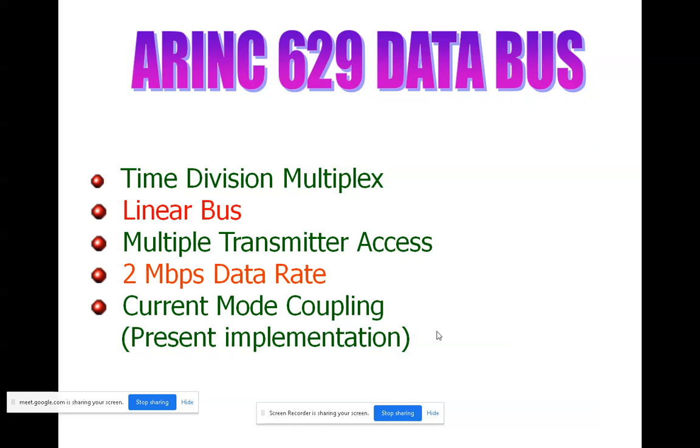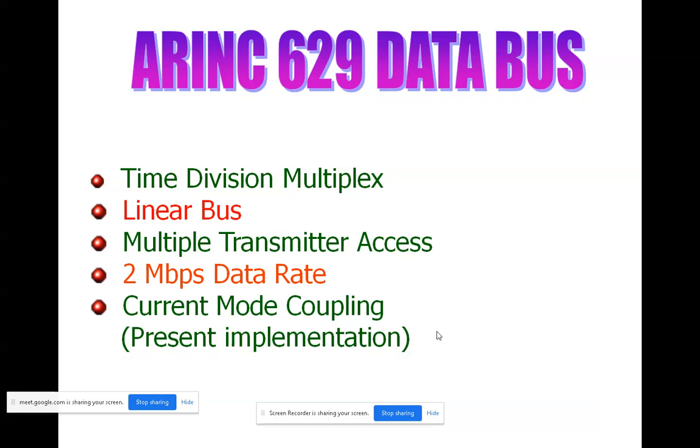So these are the features of the ARINC 629 data bus. Time division multiplex is used for ARINC 629. Time division multiplex means based on timing; time allotment is provided here. In the military standard you use code division, but here you are going to use time division, that means allotment for the data to send.